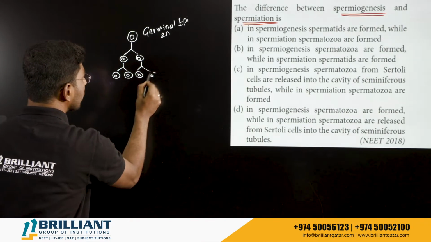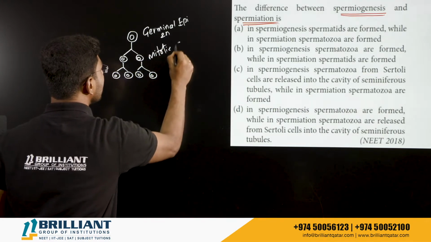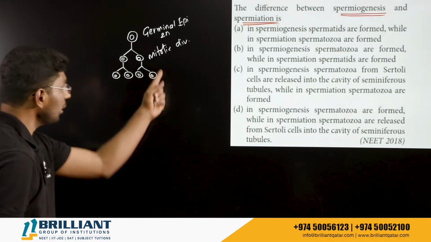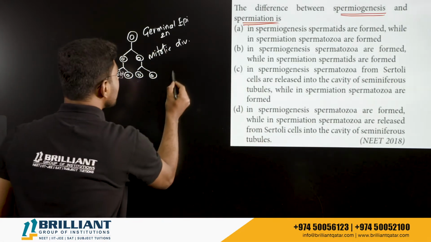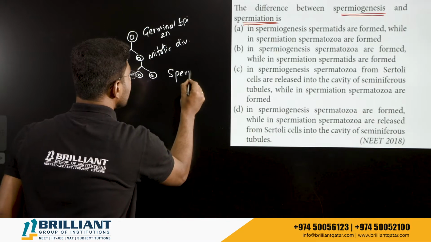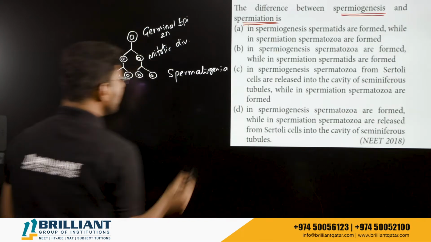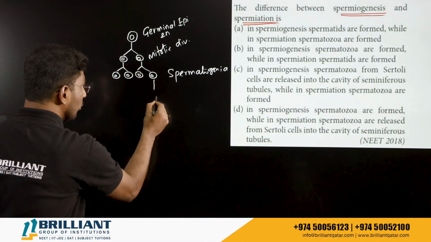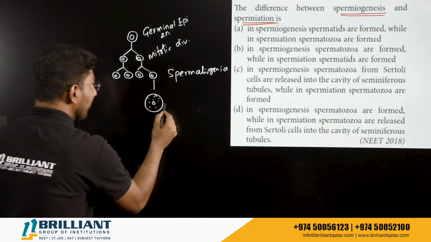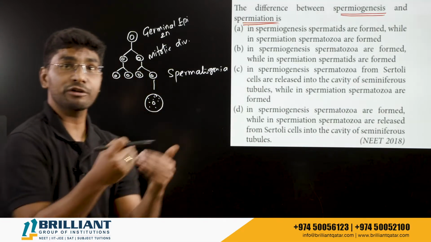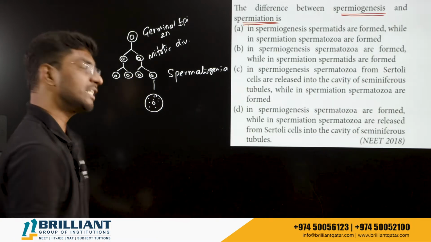After mitotic division, whatever daughter cells are formed, those daughter cells are known as spermatogonia. And this spermatogonia grows in size, that means the growth phase. After the growth of this spermatogonia, we call the cell primary spermatocyte.